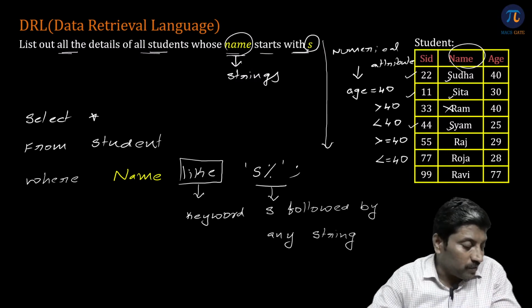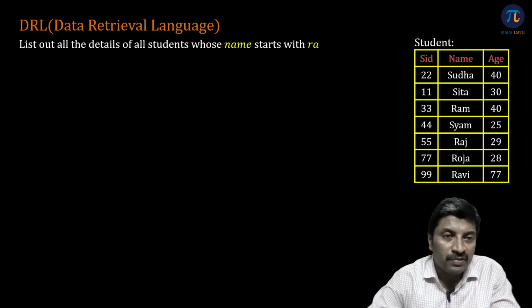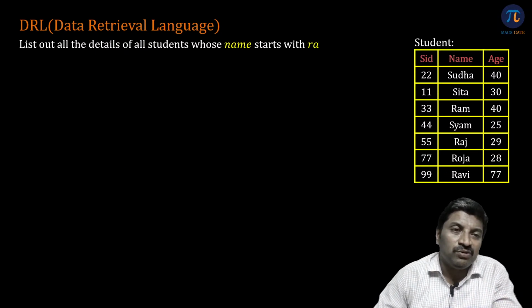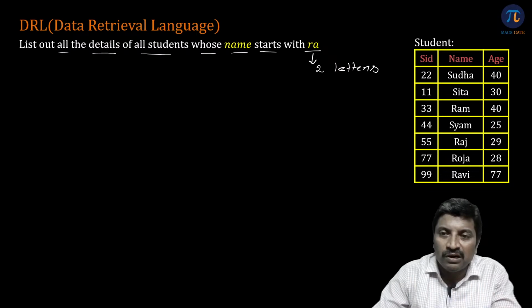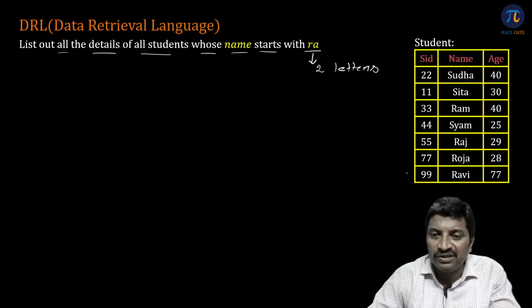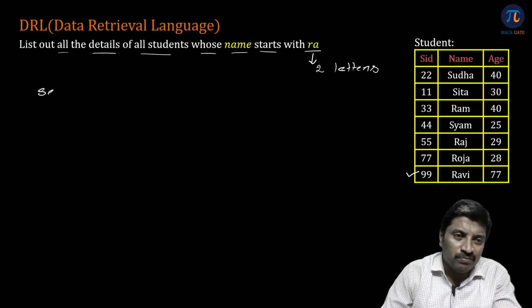Let us go to the next one. List out all the details of all the students whose name starts with RA. Sir, previously they gave one letter, now you are having two letters. I know the first two letters, RA. I think in this case we will get only the last record, that is Ravi. So the same story, sir.